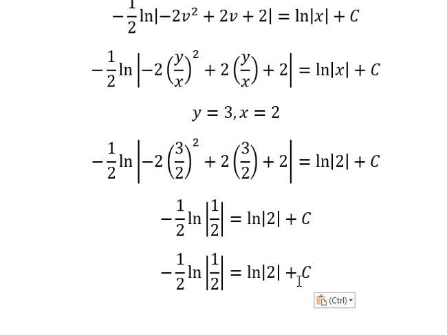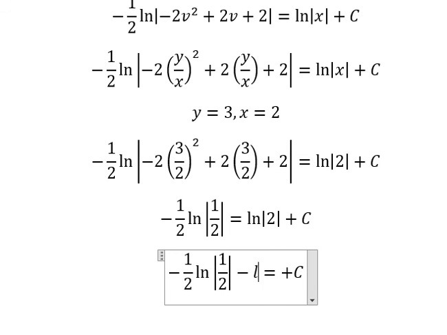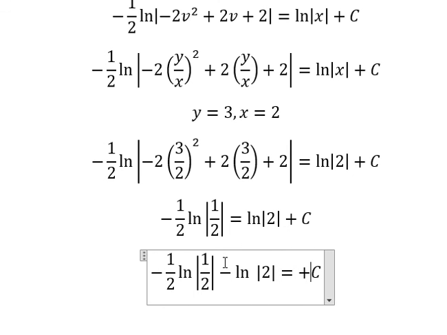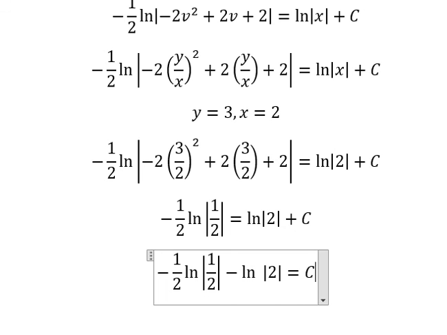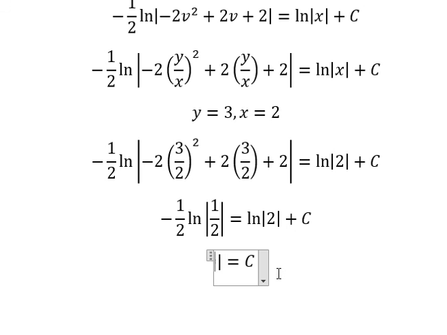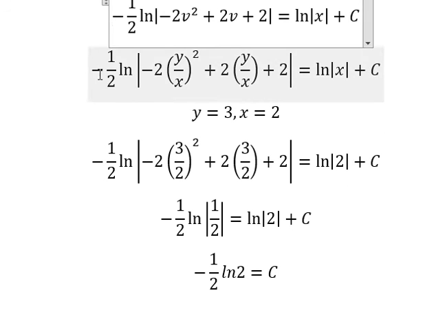So this one I will put on the left. This one we calculate, and we will have negative 1 over 2 Ln of number 2. So we put the value c here.